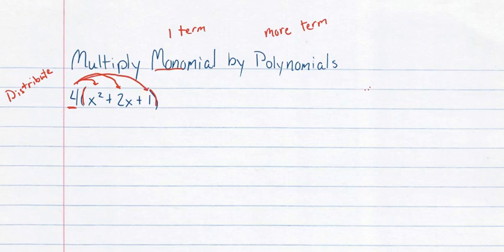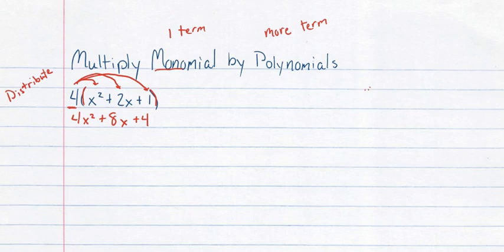So we're going to multiply across. We take 4 times x squared, which is 4x squared. We take 4 times 2x, which is 8x. And then we take 4 times 1, which is 4. Okay, that is pretty familiar to us.